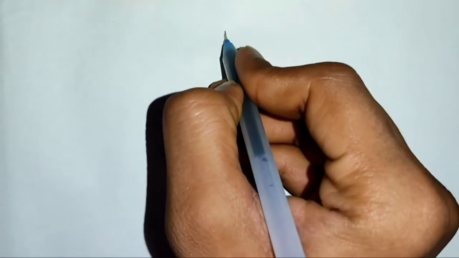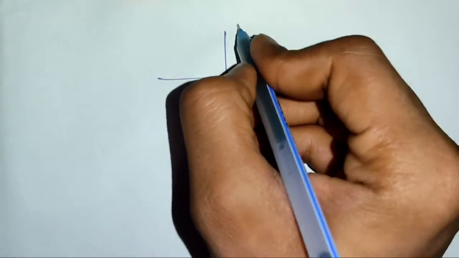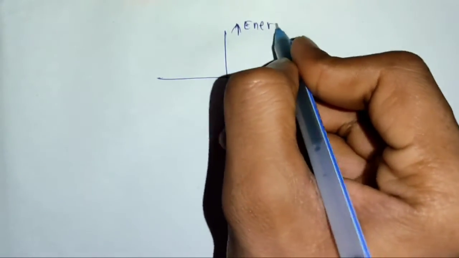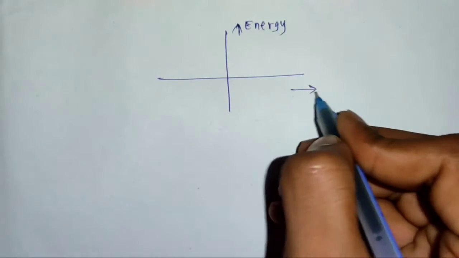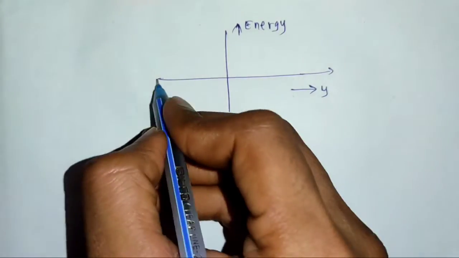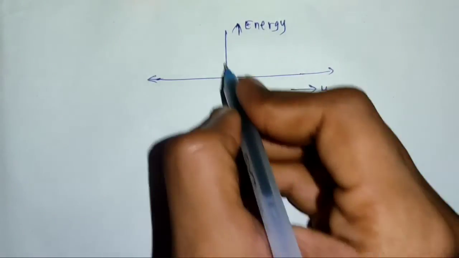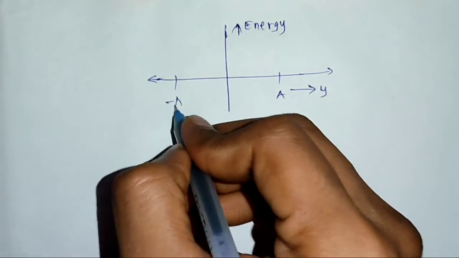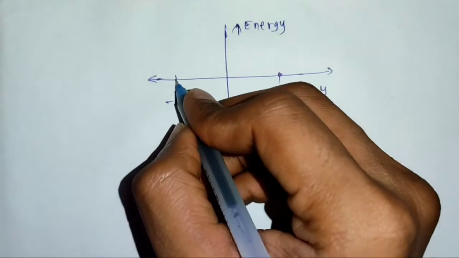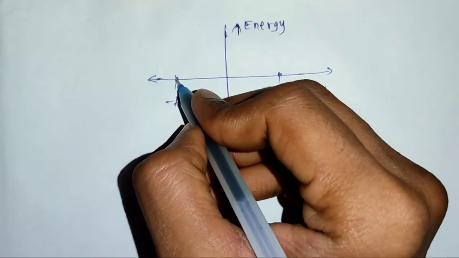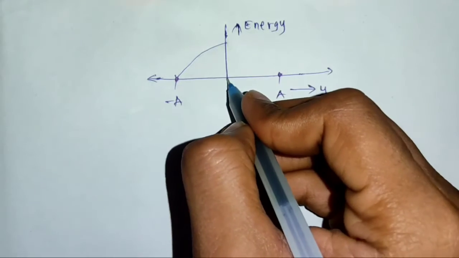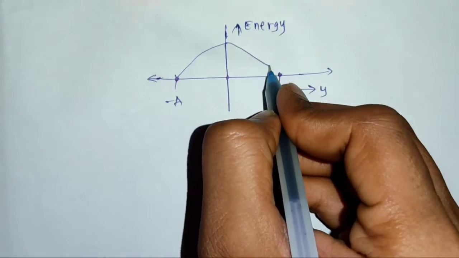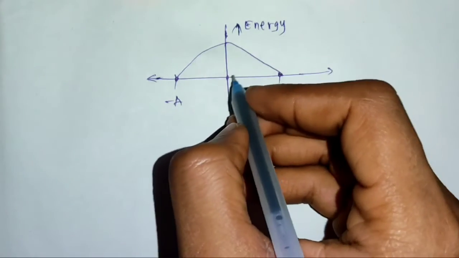We will also draw the graphs of energies of SHM. If we take energy along the y-axis and displacement along the x-axis, for kinetic energy and displacement, the maximum displacement is A, that is the amplitude. Kinetic energy at amplitude is 0 because velocity is also 0. It reaches maximum at the mean position and comes to 0 at the extreme position.